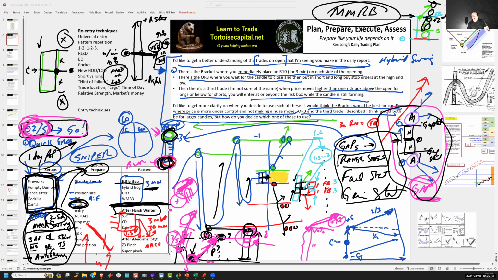You can look at that whole price structure and say, I've got an SSC because I'm using previous days patterns as part of my setup criteria. Check or hold on all that. So the harsh winter for anything that wasn't a big gapper, and I can probably use 30-minute charts on that one.